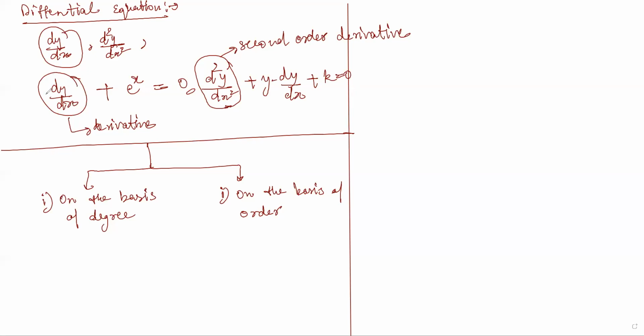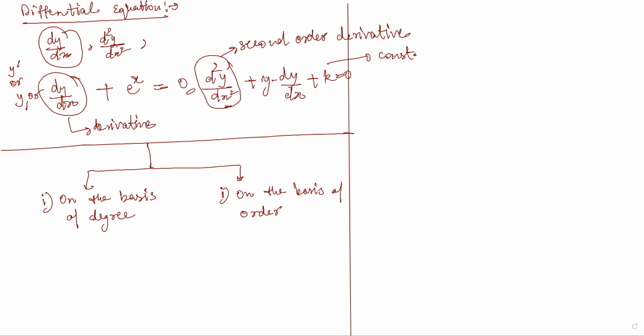Or it can be represented as y1, or sometimes by y dash, right? So these are the notations which we can use for derivative. This basically means first order derivative, that we have differentiated our function once, right? It can also be like d2y by dx square plus y into dy by dx plus k, where k is some constant, right? These kinds of equations which include your derivative directly are known as differential equations, right?